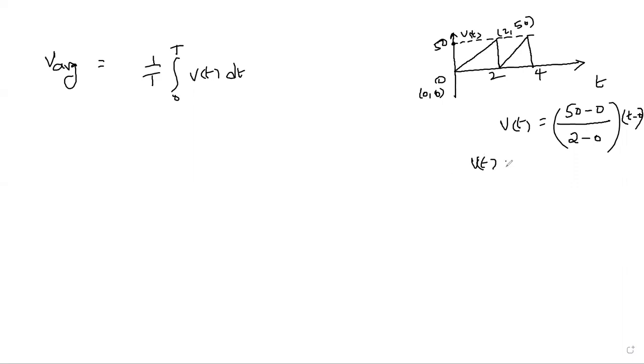Therefore your v of t is 25 into t. Now substitute in your average voltage formula.